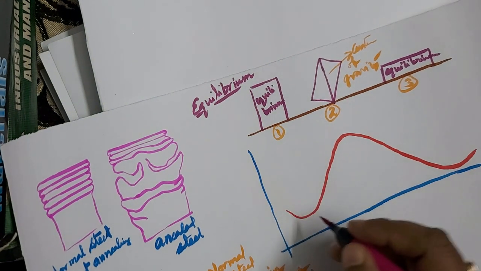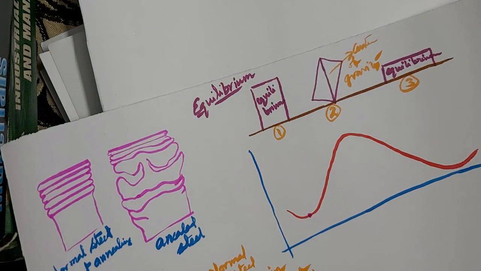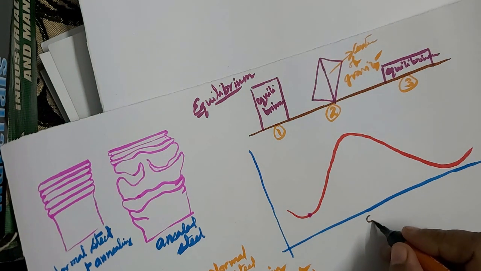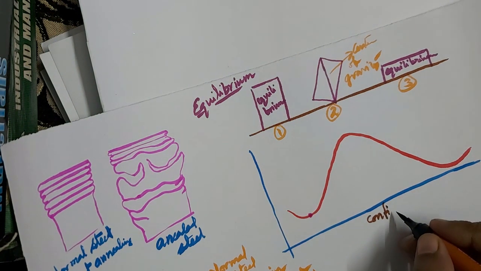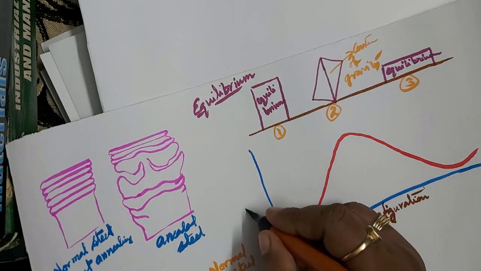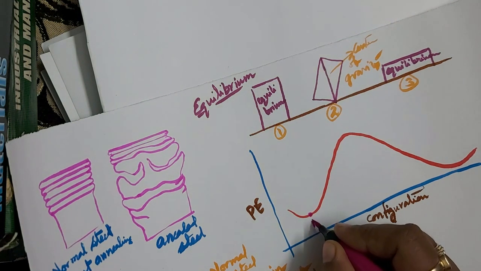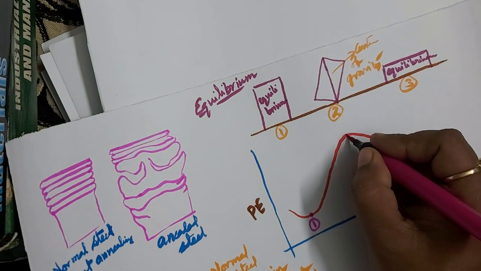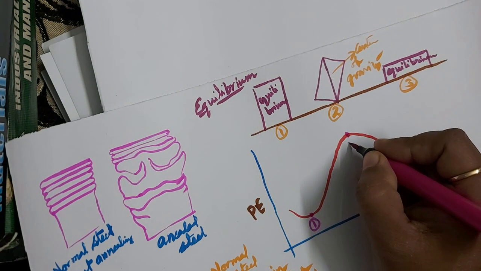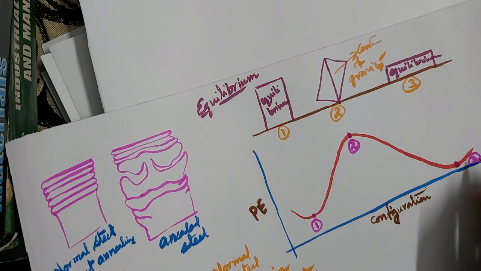So this is configuration on this side, and on this side potential energy. This is number one position, this is number two, and this is the most stable position, which is number three.